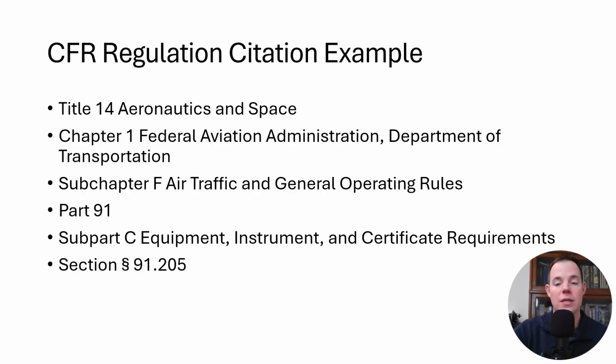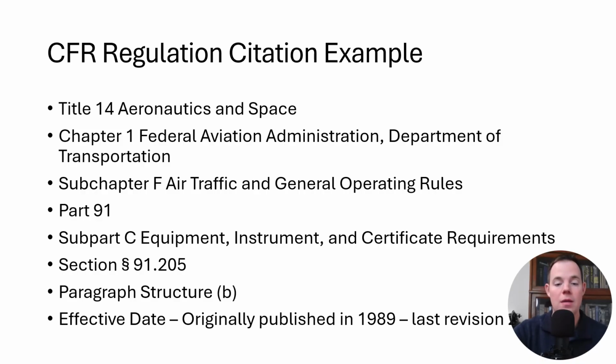And then we actually get to the section, so we have our double S symbol there, 91.205. And then our paragraph structure, and we actually find ATOMATOES FLAMES in paragraph B. And then the effective date: this regulation was originally published in 1989, and the most up-to-date revision, which you probably can't see if my video is hiding it there, the last revision was in 2024.